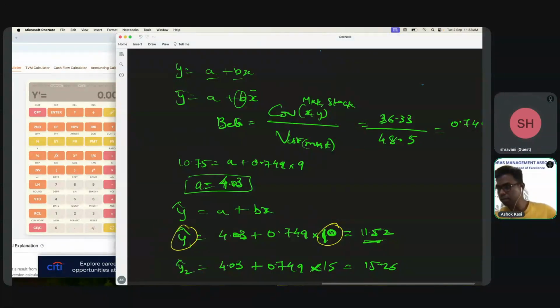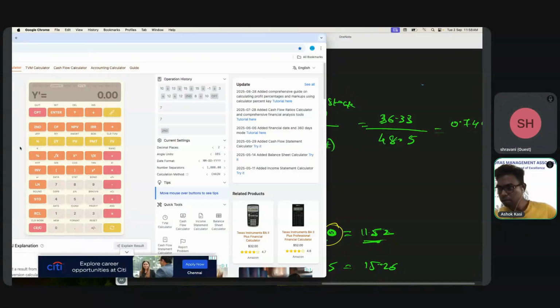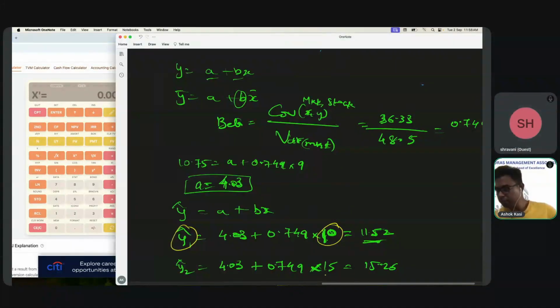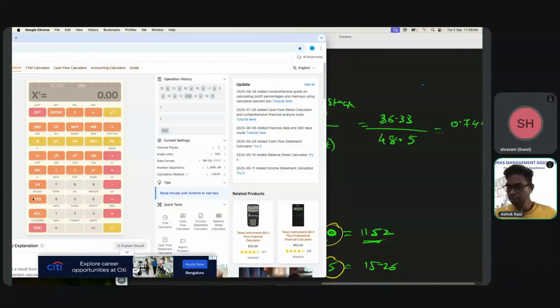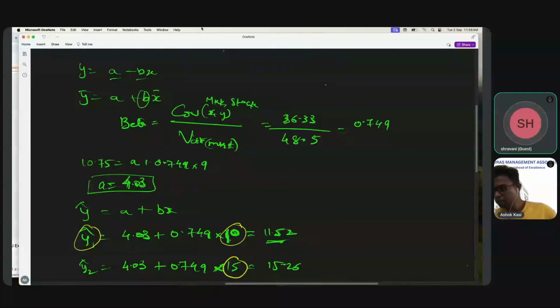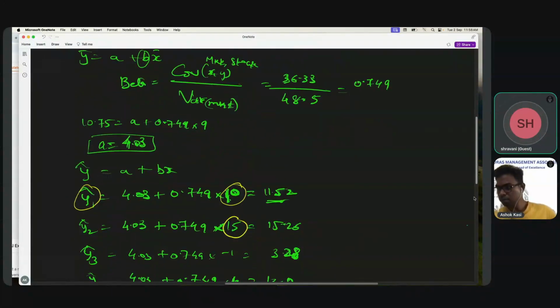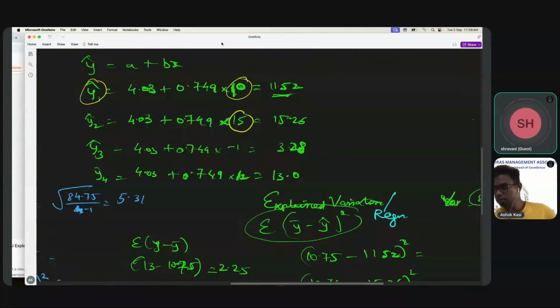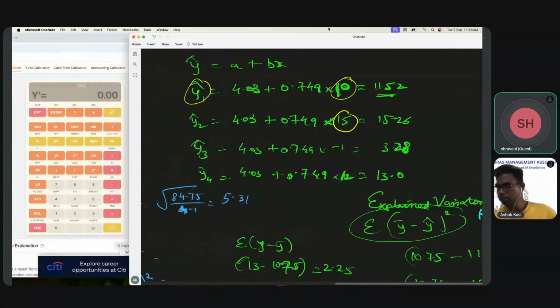This is matching. Then similarly, you do upward arrow, go back to x, and there you type 15. Then enter. Then you come back with downward arrow to y, click on compute. What do you get? 15.22. Okay, this is also okay.